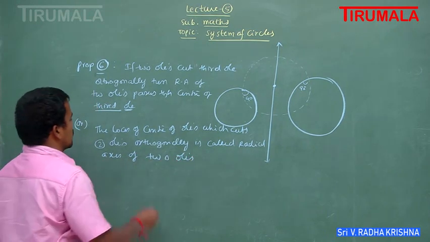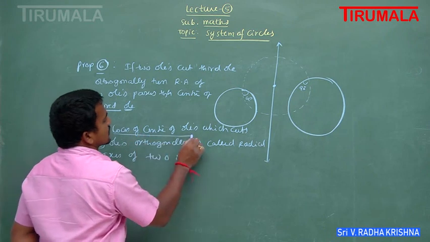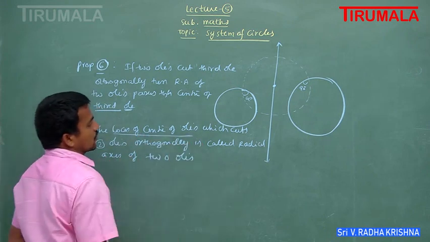So, like this rough diagram, the locus of the center of the circles which cut the two circles orthogonally.